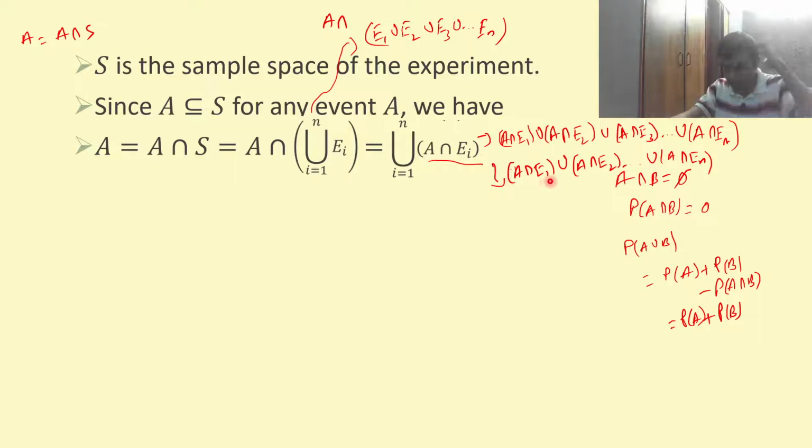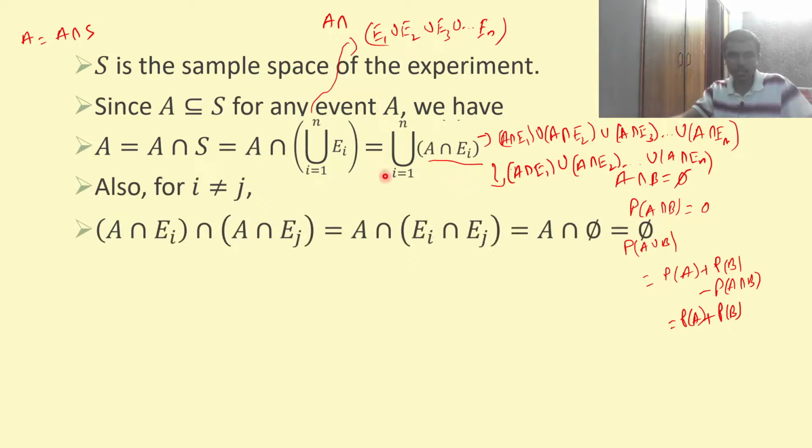Now listen. Consider A intersection Ei intersection A intersection Ej. Here you have A intersection E1, A intersection E2, A intersection E3. So I'm taking any two random ones, Ei and Ej. So A intersection Ei intersection A intersection Ej is nothing but A intersection of Ei intersection Ej.